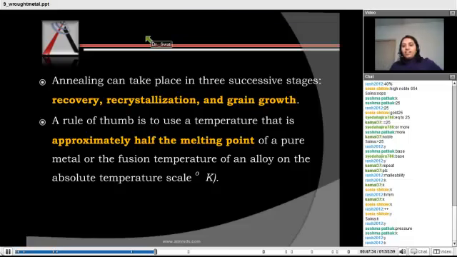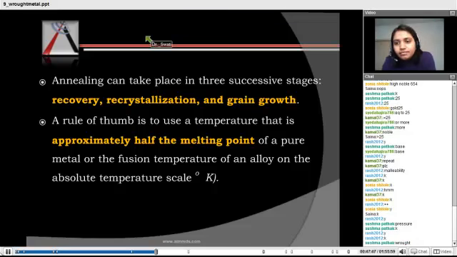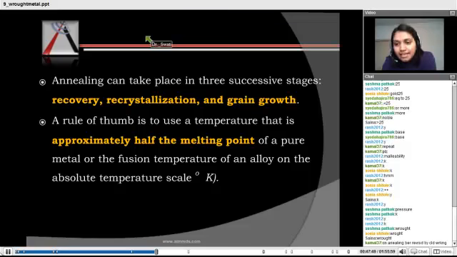Let me ask you one thing. Which is harder, wrought metal or cast metal? What is harder? Is hardness more in wrought metal or cast metal? Yes.